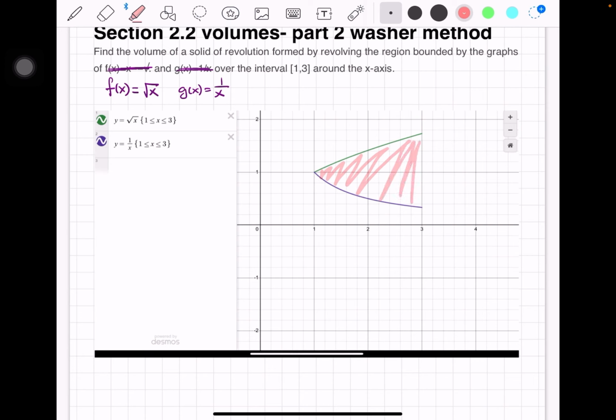And now for this region, we're going to rotate it along the x-axis.